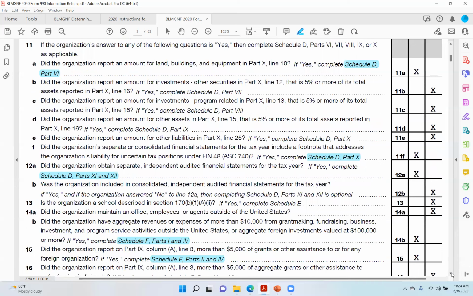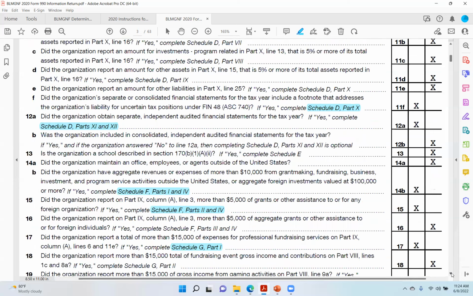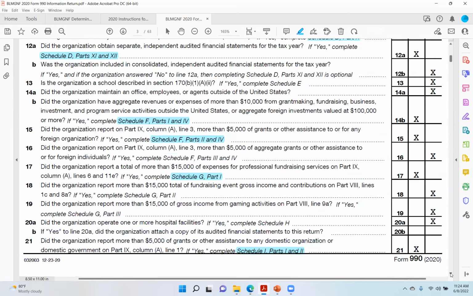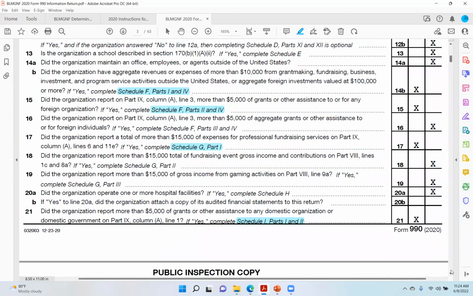Then we should look for Schedule F, Parts 1 and 4. And Schedule F, Parts 2 and 4. Then Schedule G, Part 1. All of these schedules are, again, attachments that we should see in this Form 990.